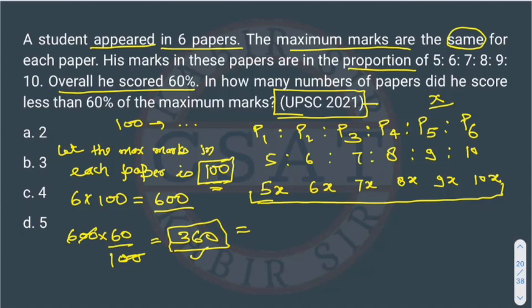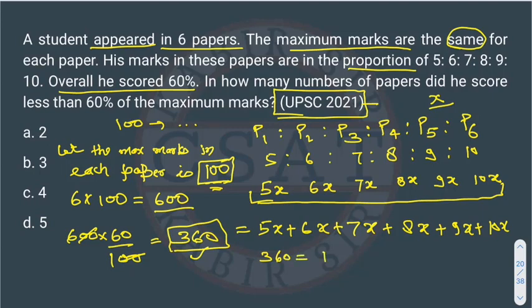And we also know how many marks he is getting in each paper. So what we can do is add these marks also, plus 10x. So 360 will be equal to 45x.